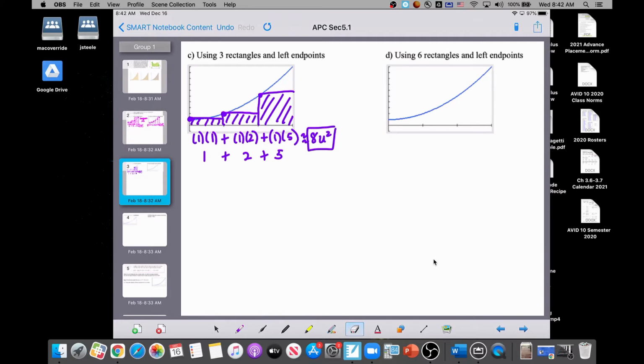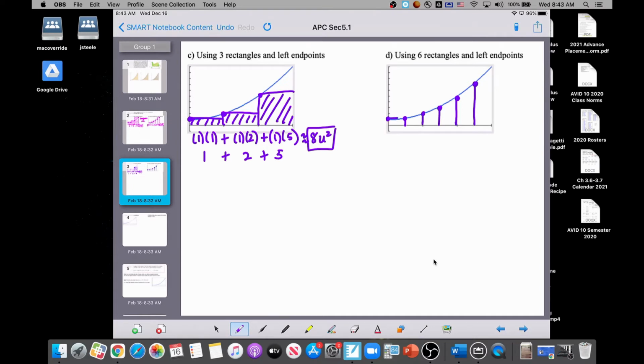Now we're going to do it again, but this time with 6 rectangles. Again, I'm just dividing each of those big rectangles into 2 rectangles.